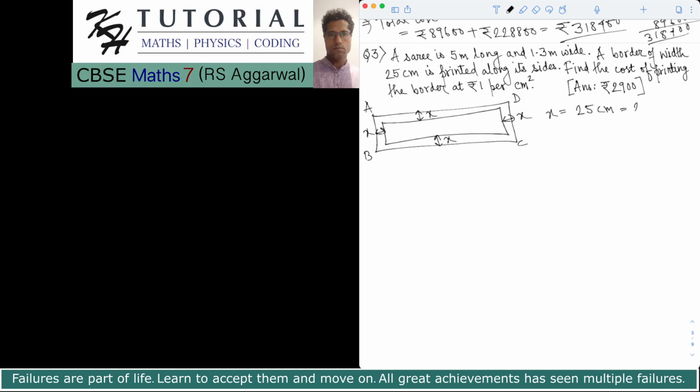So this is equal to 25 by 100 meter. Let's do the calculation using centimeter.